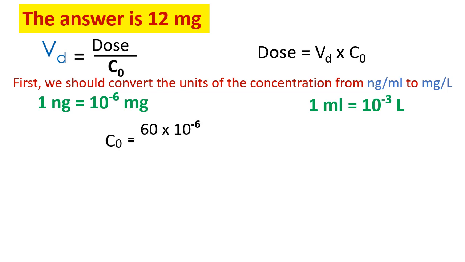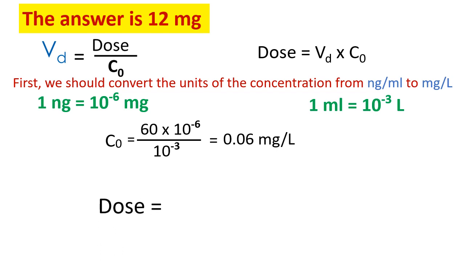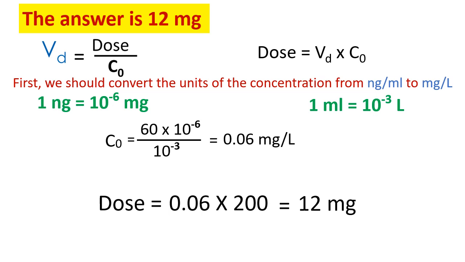So we will multiply 60 by 10 to the negative 6 power and divide them by 10 to the negative 3rd power to become 0.06 milligram per liter. Then the dose will be calculated in this way: 0.06 multiplied by 200, and the result is 12 milligrams.